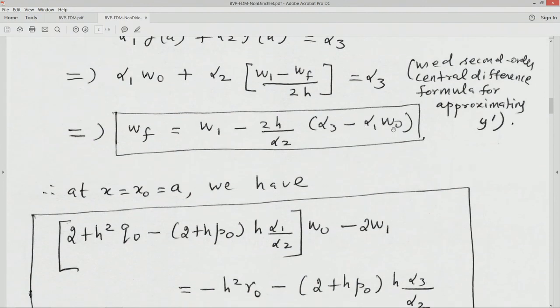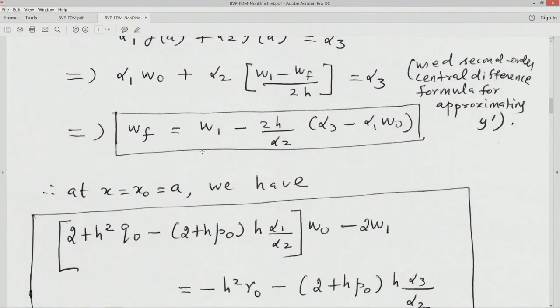Of course, W naught, W1 are unknowns. So, WF is also an unknown that appears in the differential equation, and since xf is a fictitious point, I am not interested in obtaining the solution there. So, I express the solution at xf in terms of the solution at the other points at which I seek the solution.